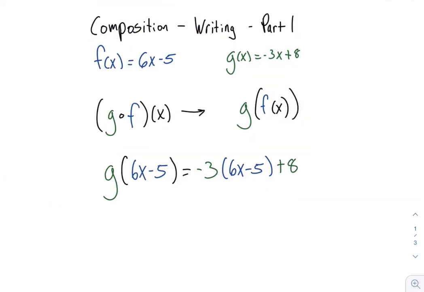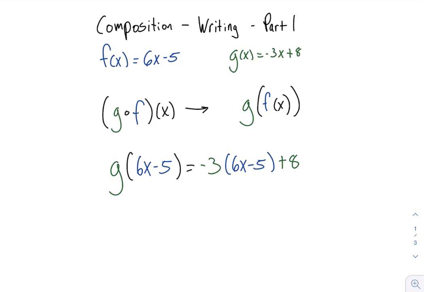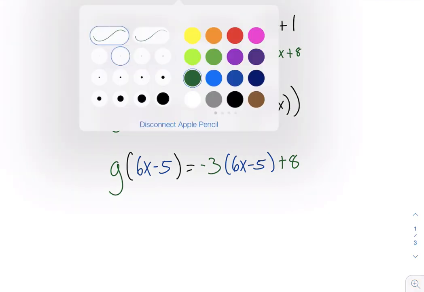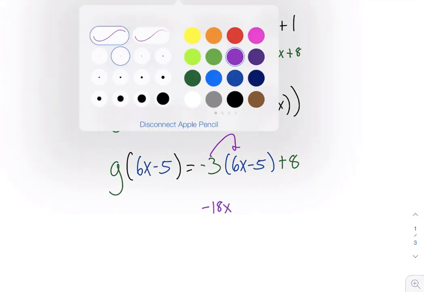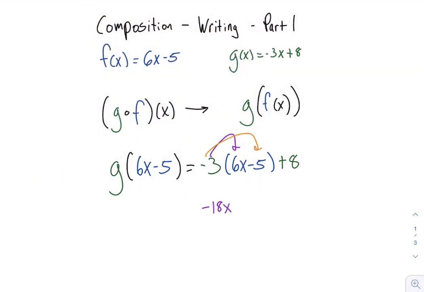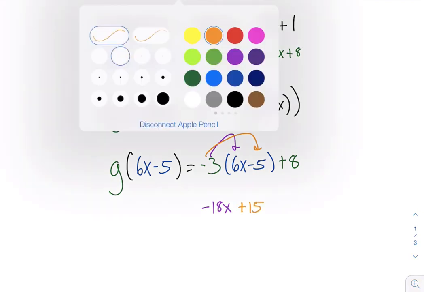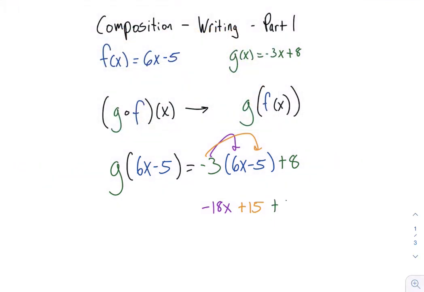And this is going to get simplified similar to the last one. We're going to distribute in that negative 3. So negative 3 times 6x is negative 18x. And I'm also going to multiply it by the negative 5. So negative 3 times negative 5 is plus 15. And we're also going to have that plus 8.